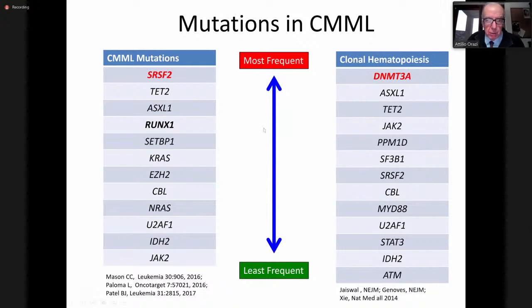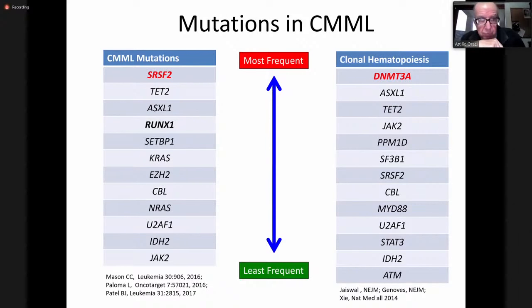So these are in order of frequency, from the most frequent at the top to the less frequent at the bottom. As you can see, you have CHIP, the clonal hematopoiesis in normal, aging individuals, and the CMML mutations. If you look, it's true that most of what you find is on both left and right, but the frequency is much different.